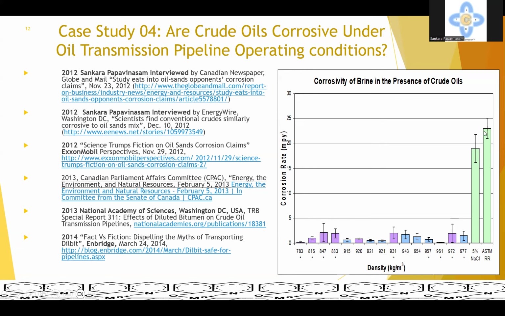This particular graph was questioned several times: did you produce it, is it only your data? I said no, this data was produced by 10 laboratories from across the world. So this particular bar was a savior in all our defense against some of the environmental groups. So that way, precision in terms of repeatability and reproducibility is very, very critical.